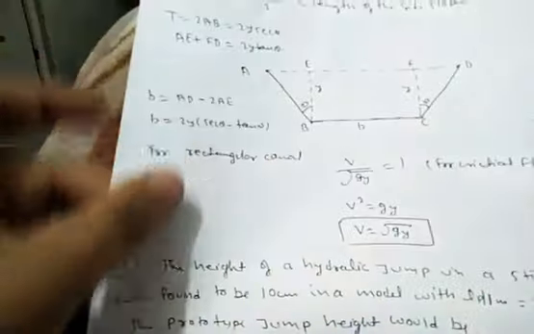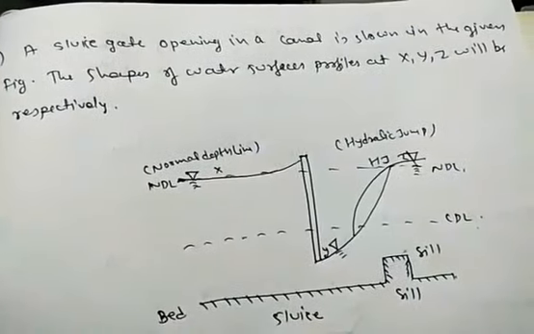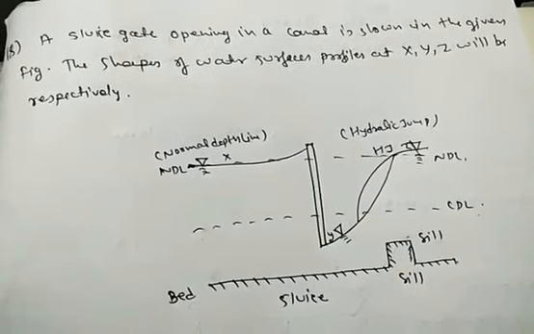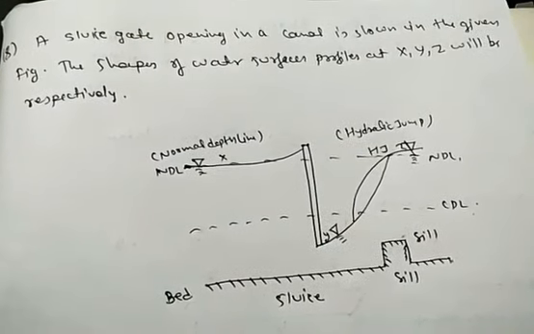And next question is question number 8. A sluice gate opening in the canal is shown. In the given figure, the shape of the water surface profile X, Y, Z will be respectively.